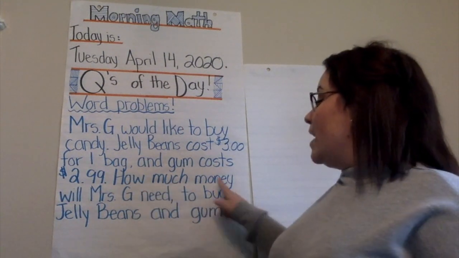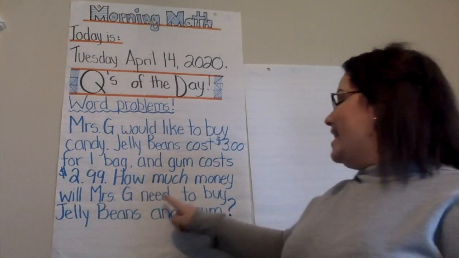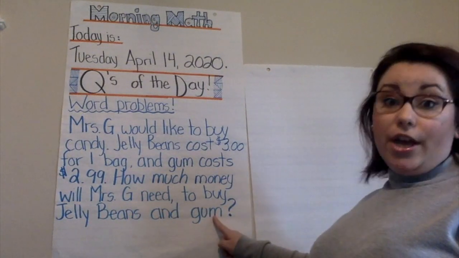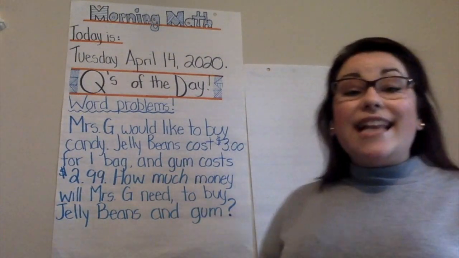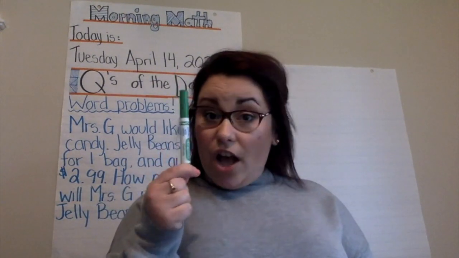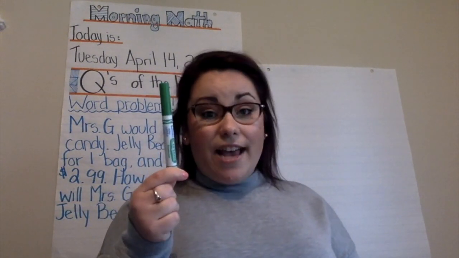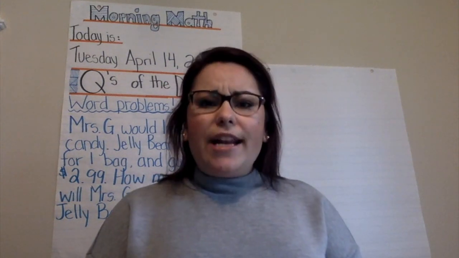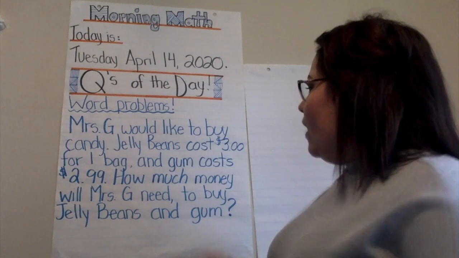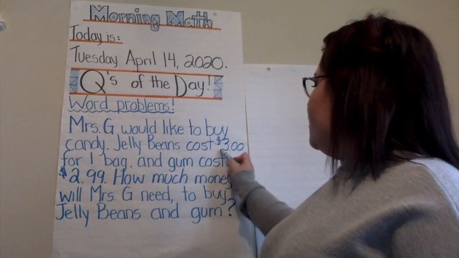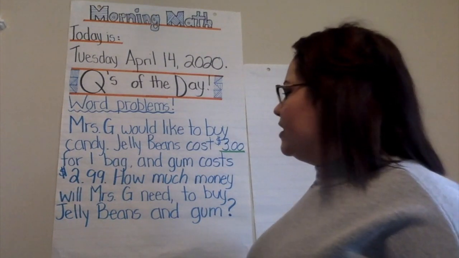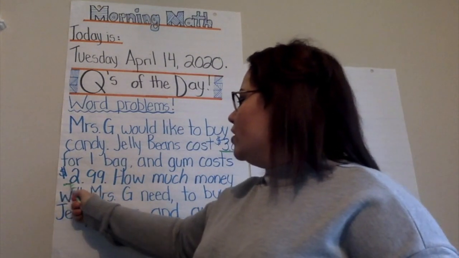How much money will Mrs. G need to buy jelly beans and gum? The next step to our problem solving is taking a different colored marker or using a highlighter at home and underlining our important information. So I'm going to underline $3 because that's a very important piece of information, and $2.99.